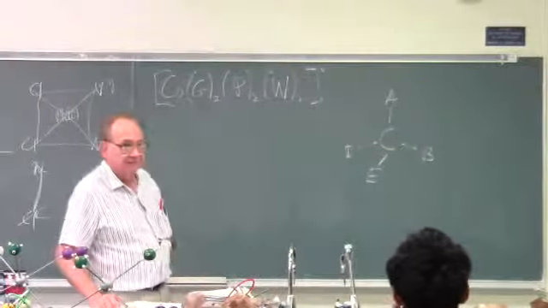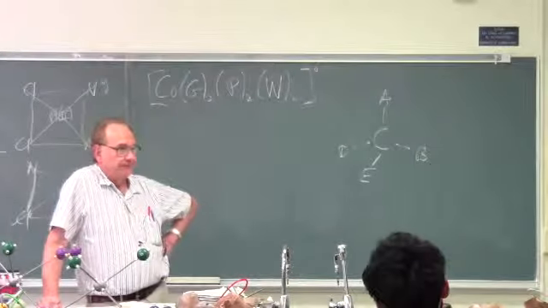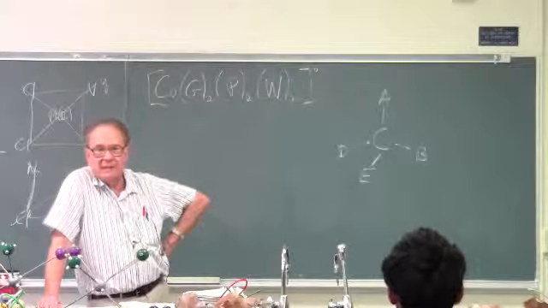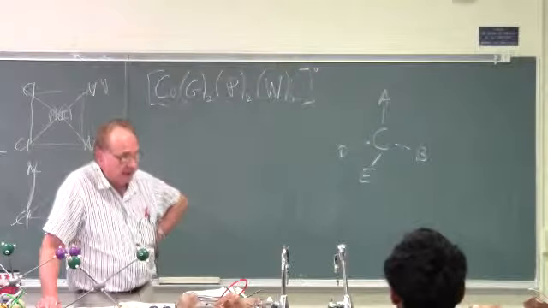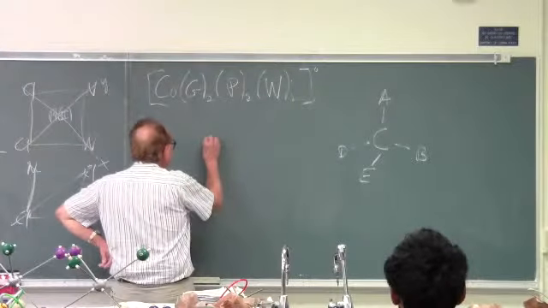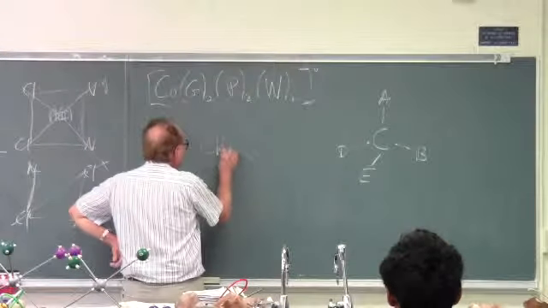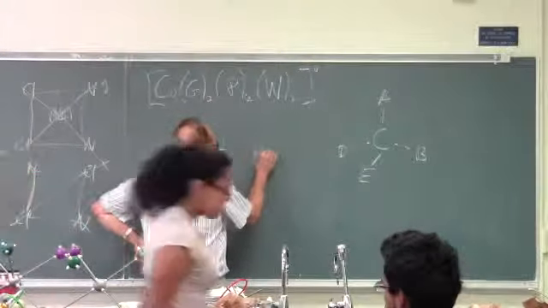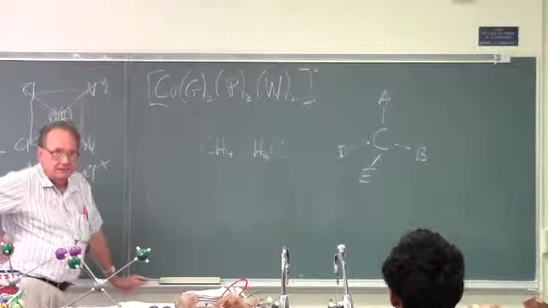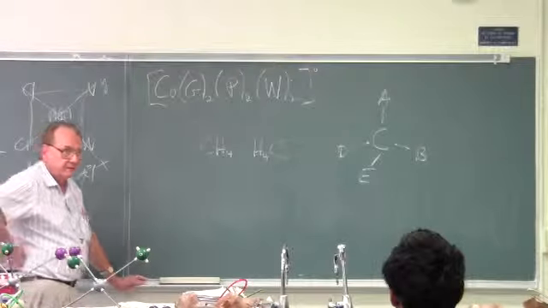This is tetrahedral. It has the same shape, the same structure as a methane molecule. But if I take the methane molecule, formula usually written like this, but based on relative electronegativities, ought to be written like this.